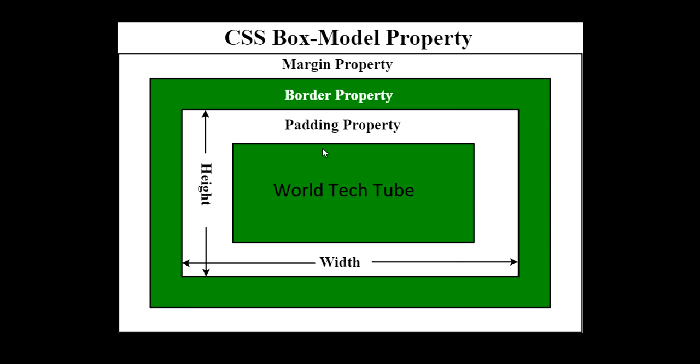We have defined the padding property for all four corners, left, right, top, bottom, and we have seen how our content has been visible in browser when we apply the margin, border, padding property to it. Now let us see how we can define the height and width in this particular example.